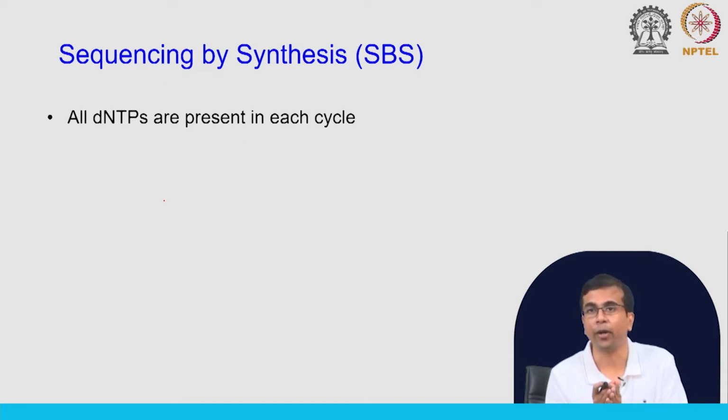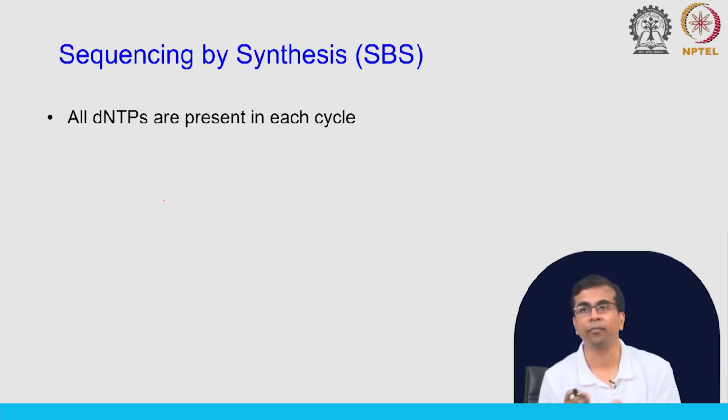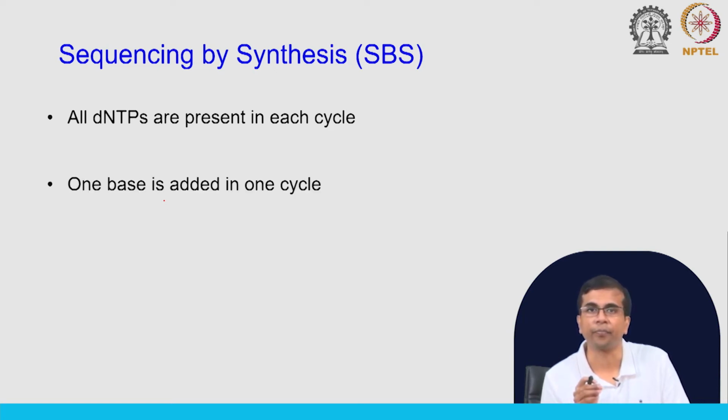So, here are some key points that you need to remember. We have just mentioned that all dNTPs are present in each cycle. All are there, and whichever is found to be complementary is incorporated, and this is not an issue because the detector can detect each of these bases by their tags. Because each base has its own tag, the optical detector can identify these individual bases very easily.